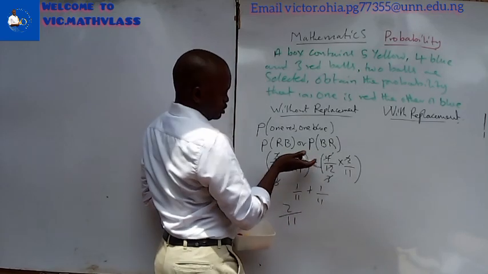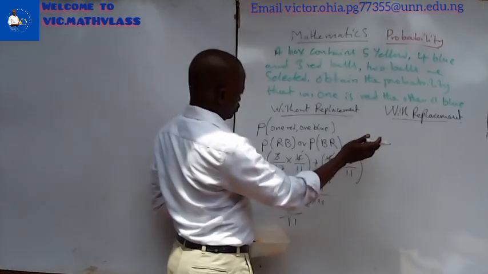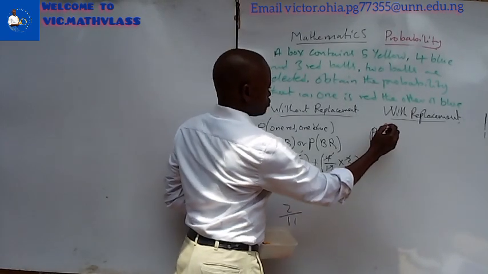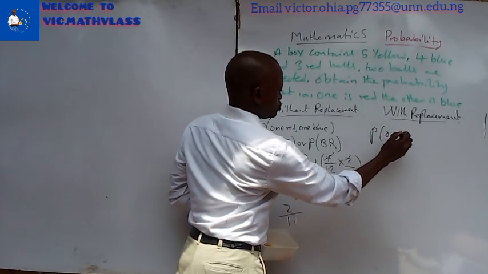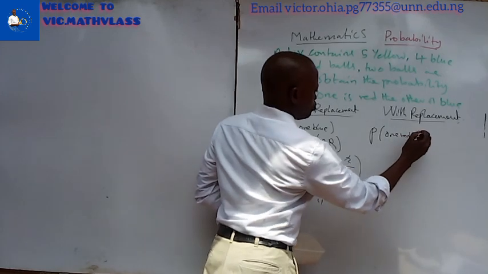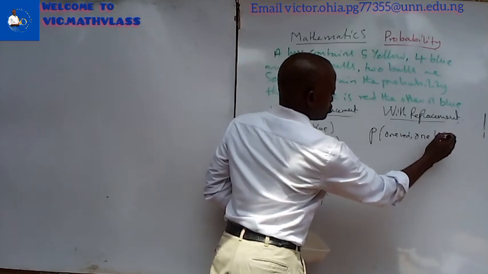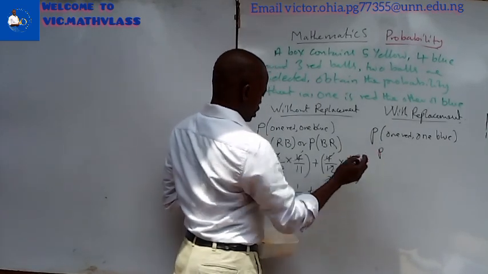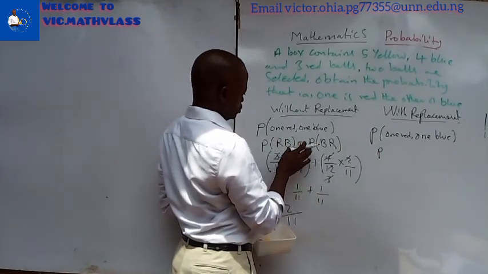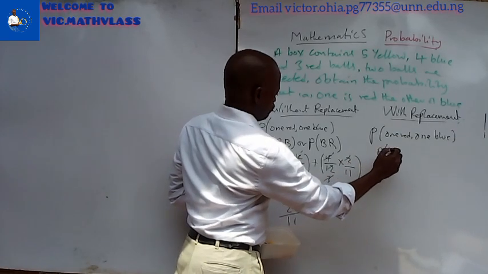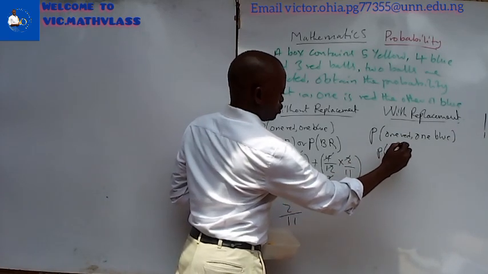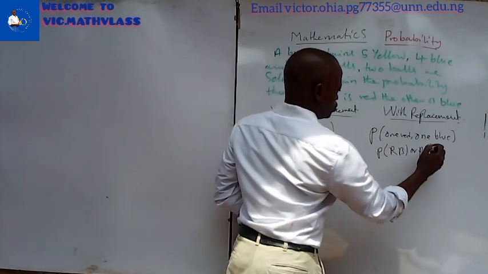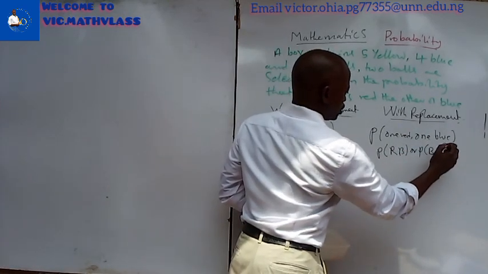Now let's look at the same thing here in the case of with replacement. So you realize that this is the probability of 1 red, 1 blue. Of course, the same thing: if we have first being red, then second will be blue, or we have first being blue, then second will be red.